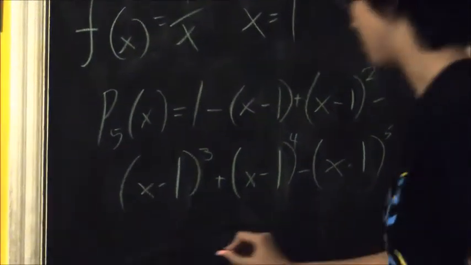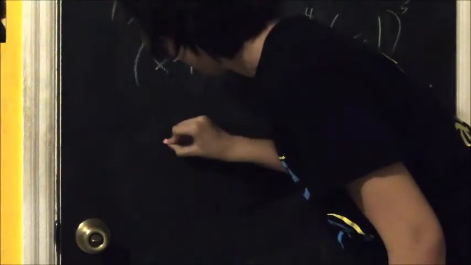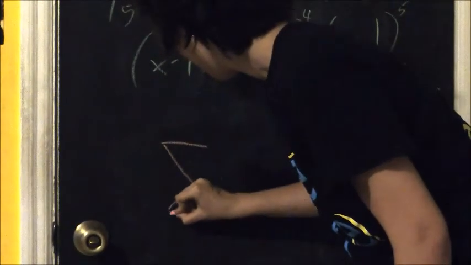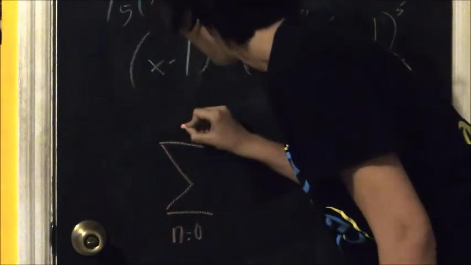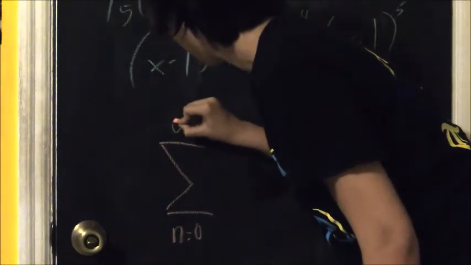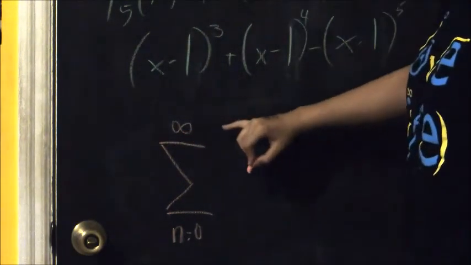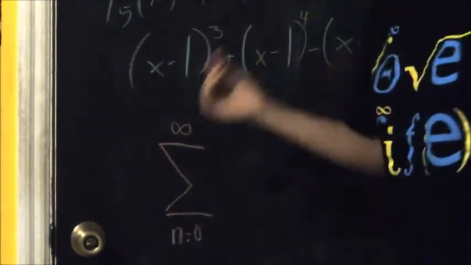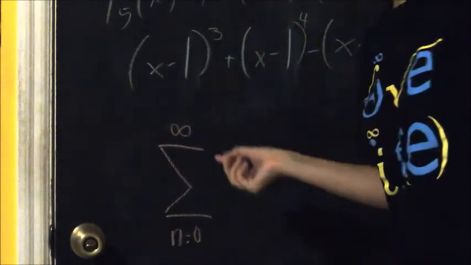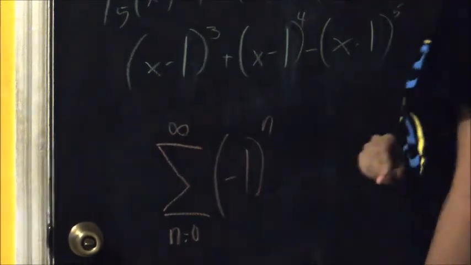When we do this, we have to look at it. Alright, so from n equals 0 to infinity. As we do this, we notice that it alternates from positive, negative, positive, negative. So, the only way to put that into the formula is to say negative 1 to the n.